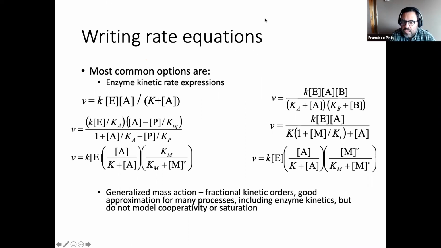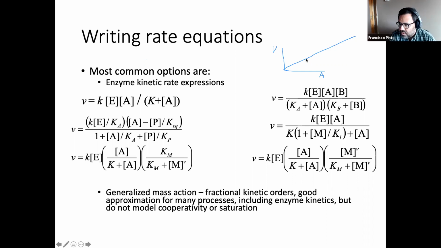So if you have a process whose kinetics is described by a rate law of the mass action kind, and the rate is influenced by A, this is going to be a straight line, right? So the velocity of the process will keep growing forever.